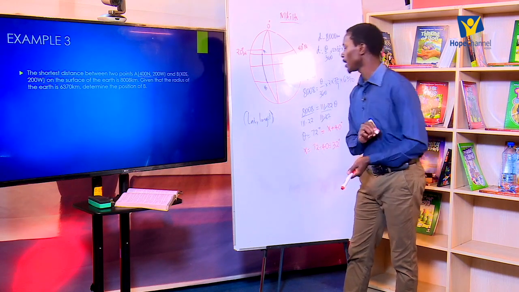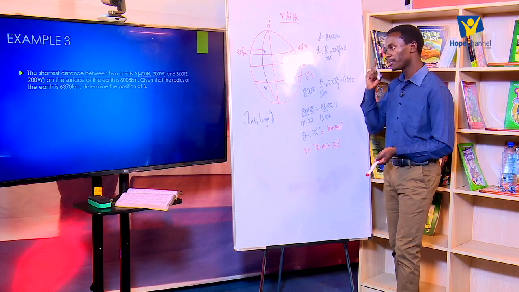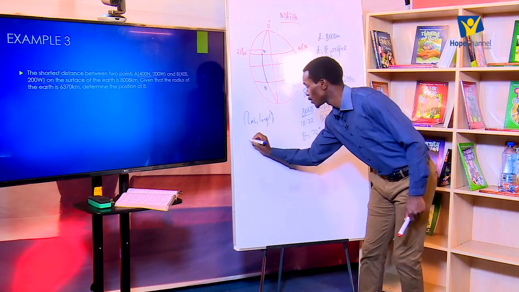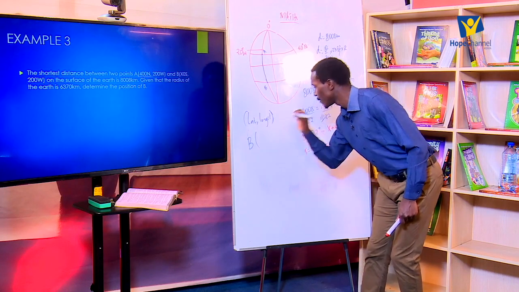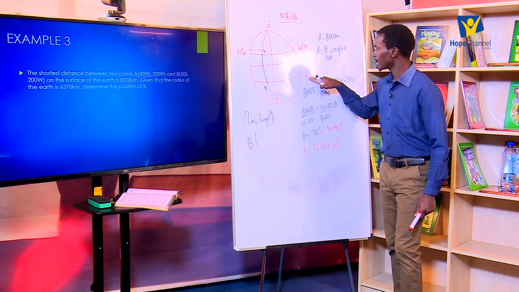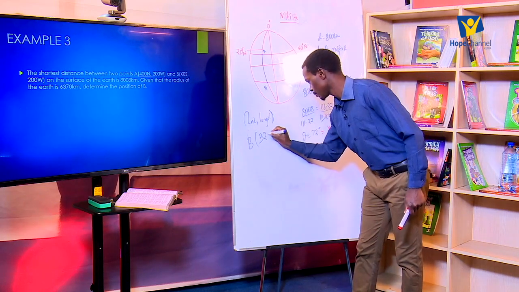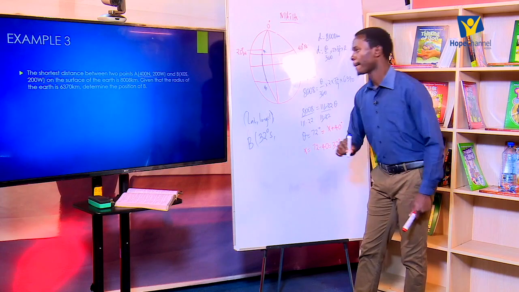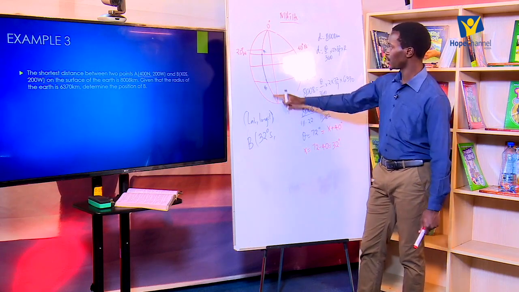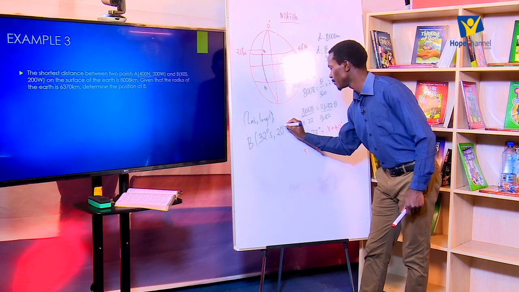So by writing that as a coordinate, we'll be able to get the answer for B. So the location for B will be latitude first, x degrees south, which is 32 degrees south, comma, then the longitude, of course, is 20 degrees west.